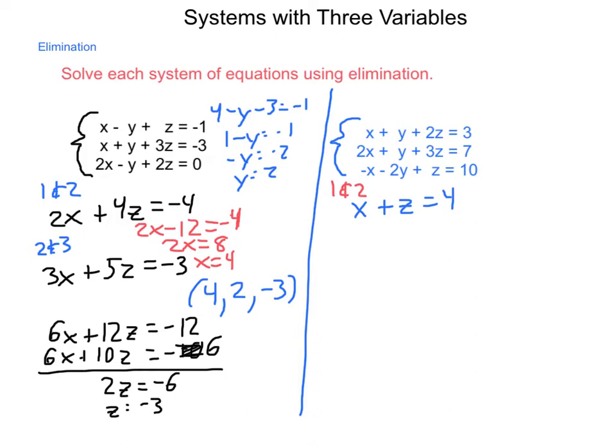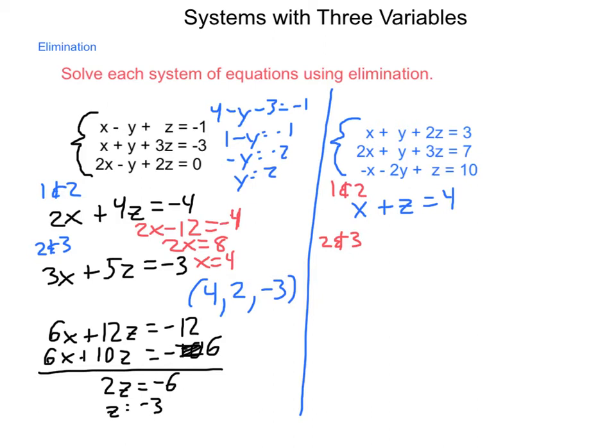Next, I'm going to combine equations 2 and 3. And the way I'm going to do this is first, like what we were doing before, I'm going to double everything in equation 2. Now, to save a little bit of time, I'm just going to speak this out. And then I'll add them together.